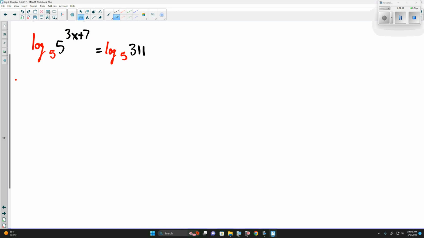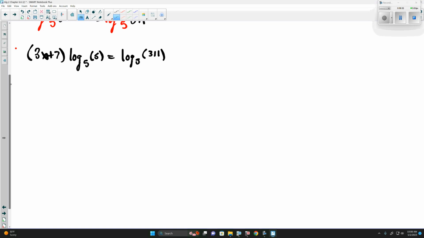And I'll really use this especially if we only have one variable or one exponent that does have a variable. Now it'll move the 3x plus 7 to the front. And what it's telling us is that we have (3x plus 7) times log base 5 of 5 is equal to log base 5 of 311.